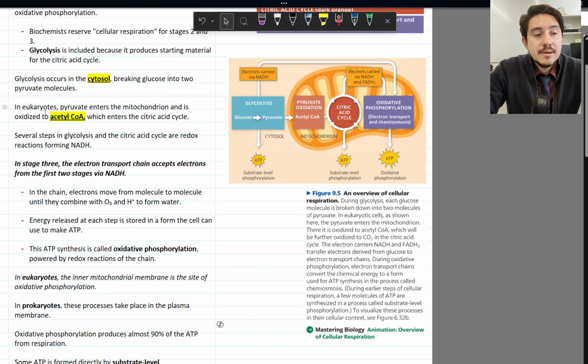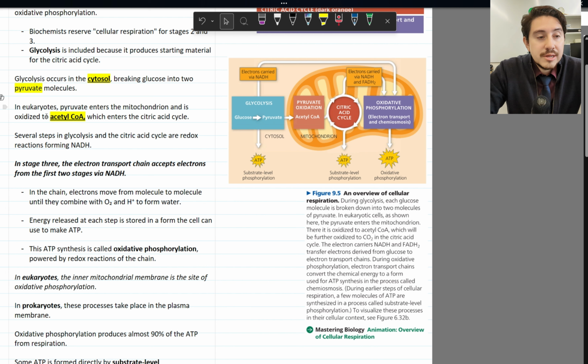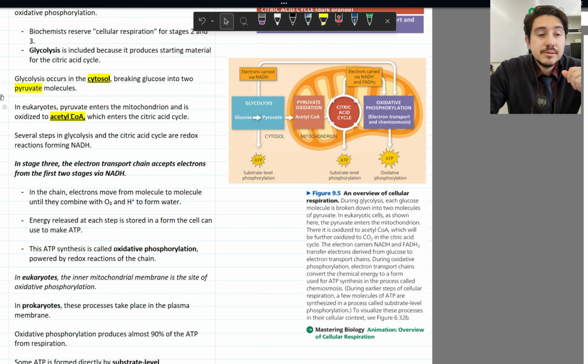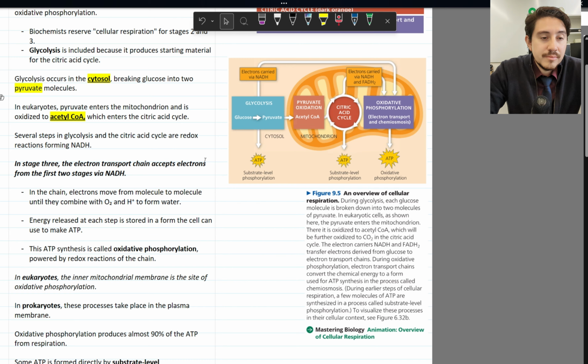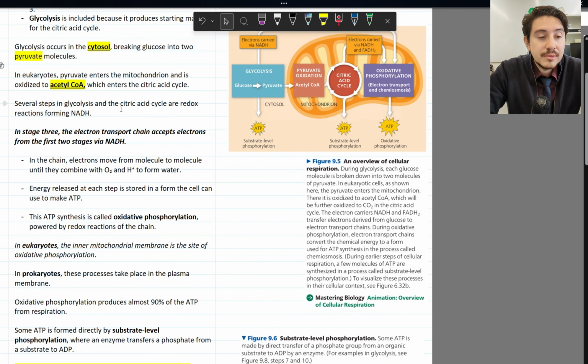In eukaryotic cells, and again, we're going to see this in more detail, pyruvate, this molecule that is being produced, is further changed in the mitochondria, and it's oxidized into what is called acetyl-CoA before it enters the citric acid cycle.